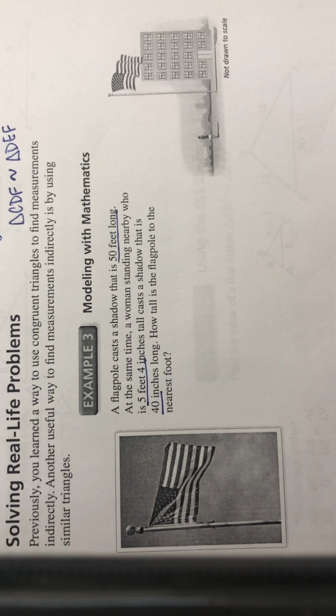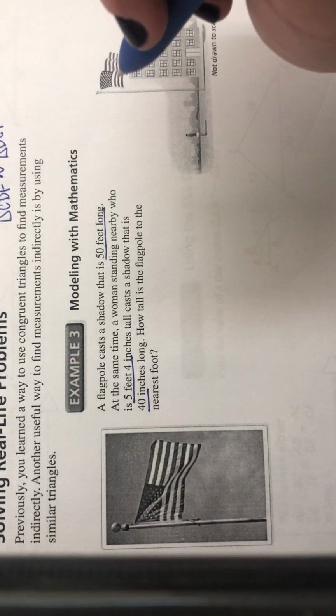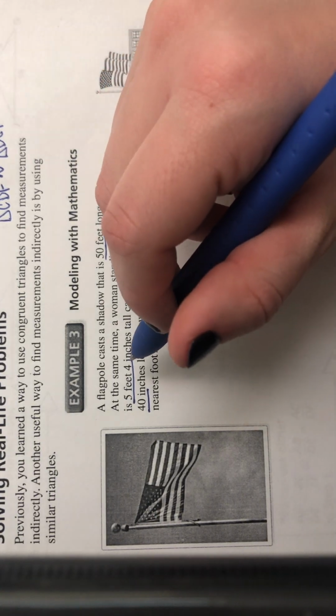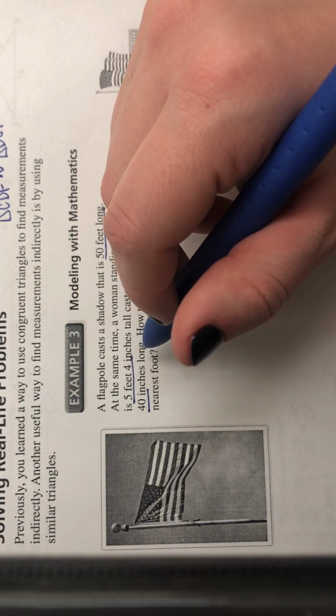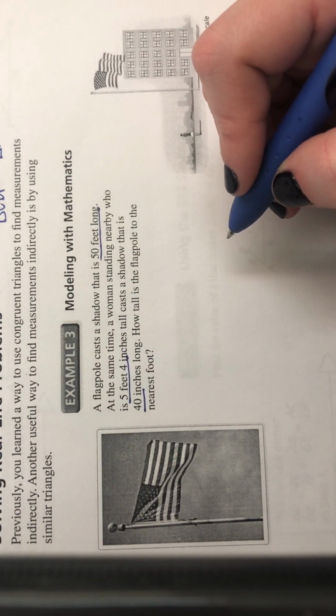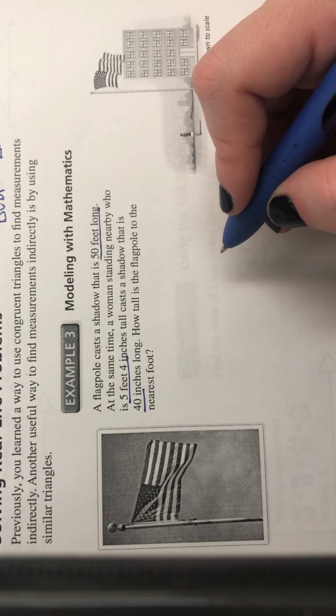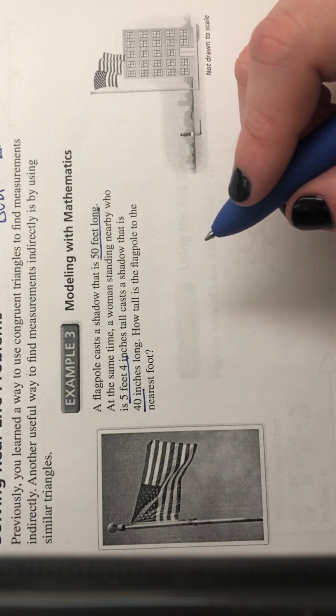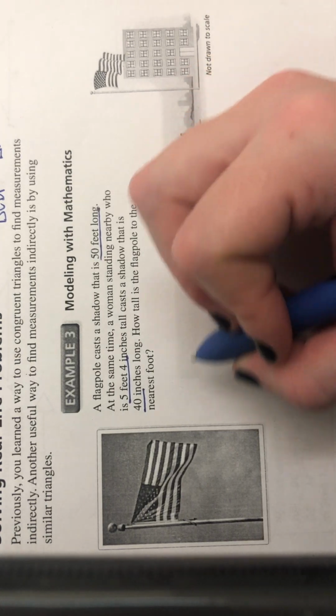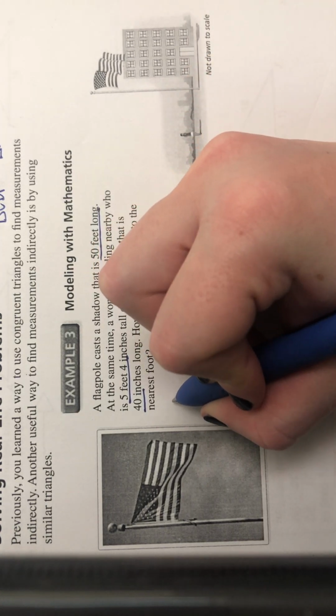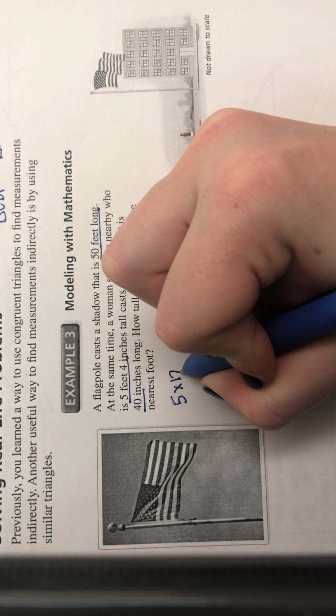Okay, well, the first thing that I need to do is probably change all of this. I need to change my 5 feet 4 here into inches. Yes, I'm gonna change it into inches. So to do that, we take 5 feet. Okay, well, there are 12 inches in a foot.